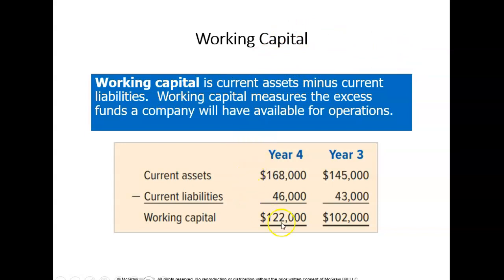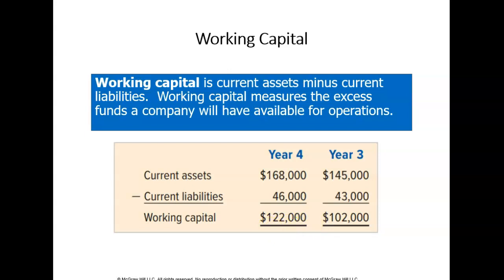So here we see the working capital for year 3 and for year 4. You will either have positive working capital, meaning your current assets exceed your current liabilities, or you will have negative working capital, meaning your current liabilities are more than your current assets. For this company, we see they do have positive working capital in both year 3 and year 4. It was 102,000 in year 3. It increased to 122,000 in year 4.